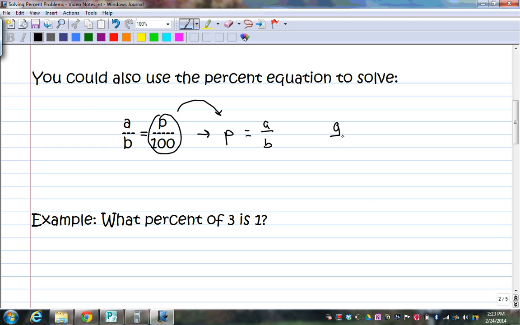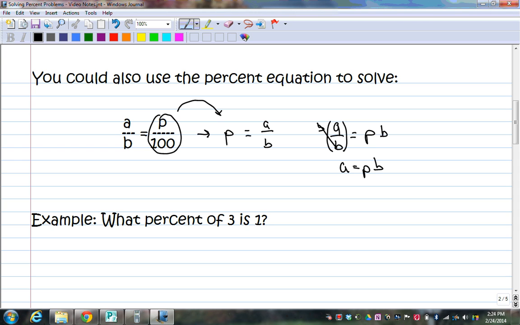So I have A over B, and the difference is now I have just P. If I wanted to solve for A, to get rid of this fraction, I would multiply both sides by B. Don't worry about this process. And I would have A is equal to PB. This is the percent equation. The reason I didn't just write the percent equation is that I wanted to show you that it really can come from that proportion. They're the same thing.